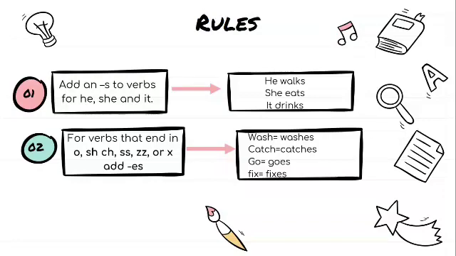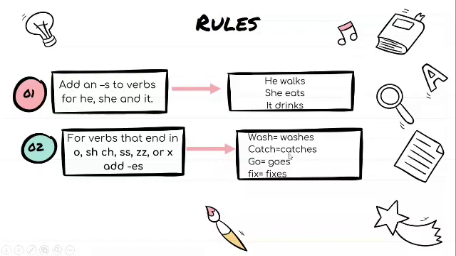Okay, she washes the car. Now here we have catch. If you see, the final letters are C and H. Okay, so that means that we have to add ES. So catch now is catches. He catches the ball. Okay, he catches the ball.